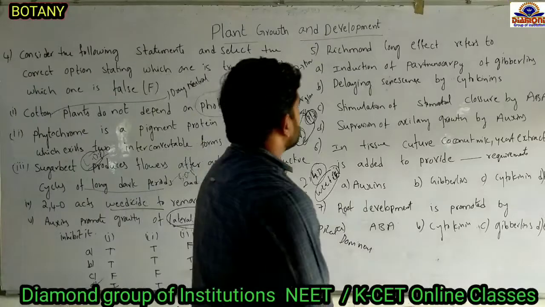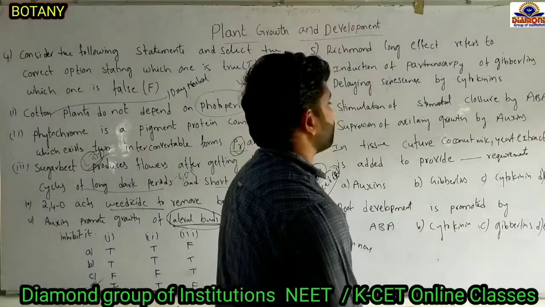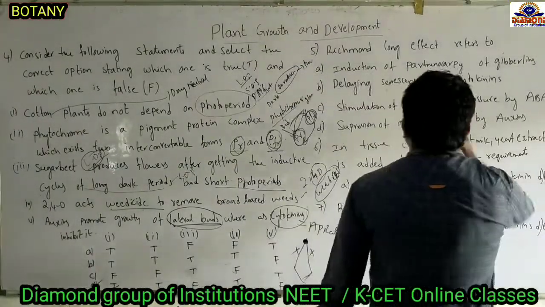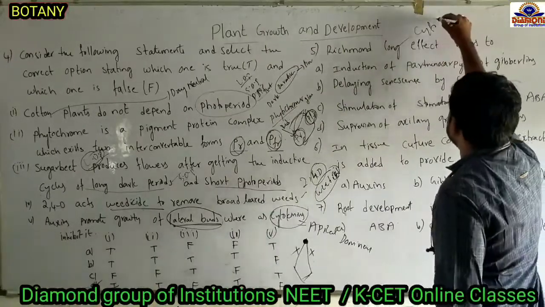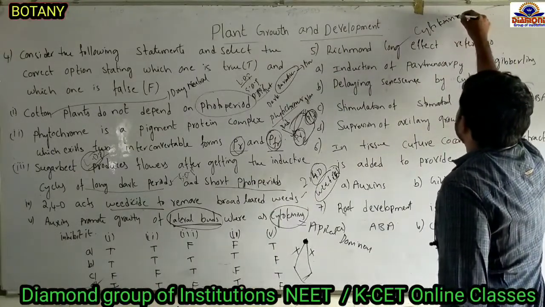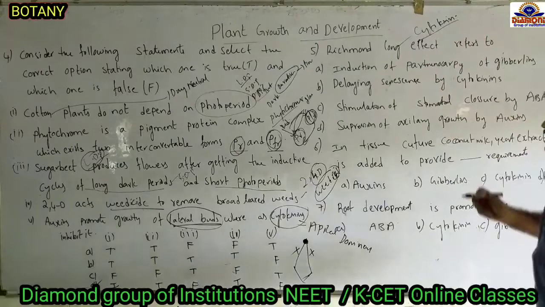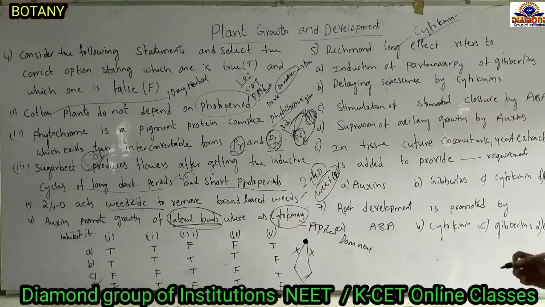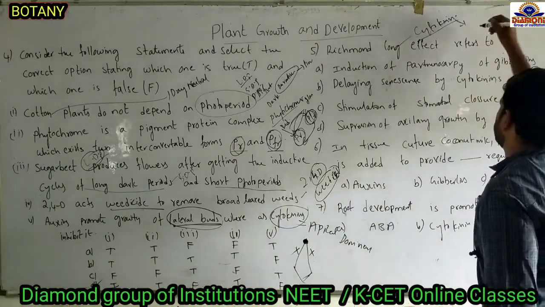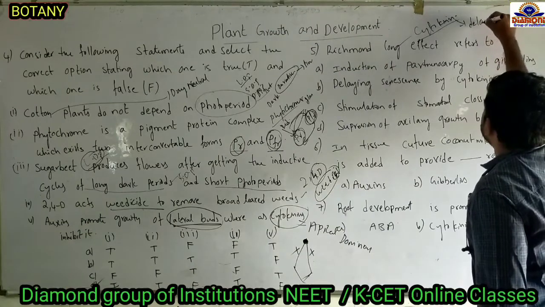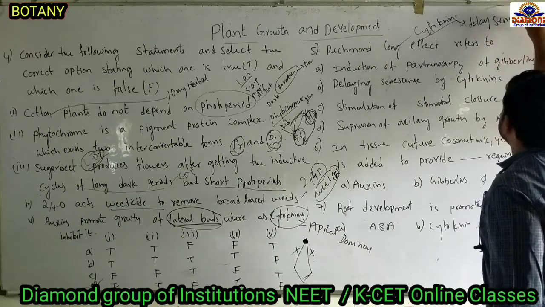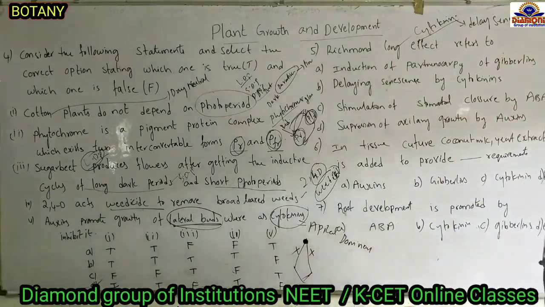Next question, Richmond-Lang effect refers to. So the Richmond-Lang effect is a character of cytokinin. By using cytokinins, we can delay senescence. Senescence means old age.